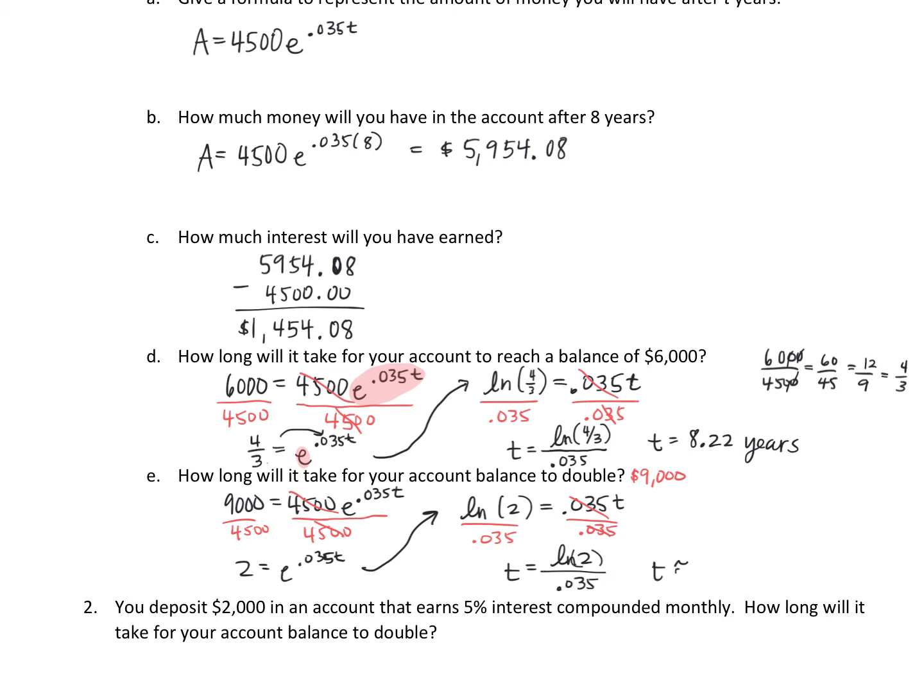And then if we want to know the years, we will put it in our calculator, and we will get 19.80. So approximately 19.8 years to double.